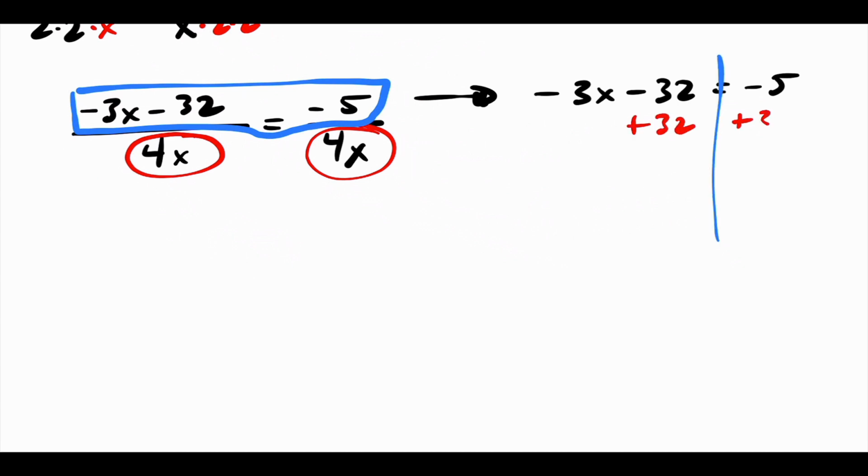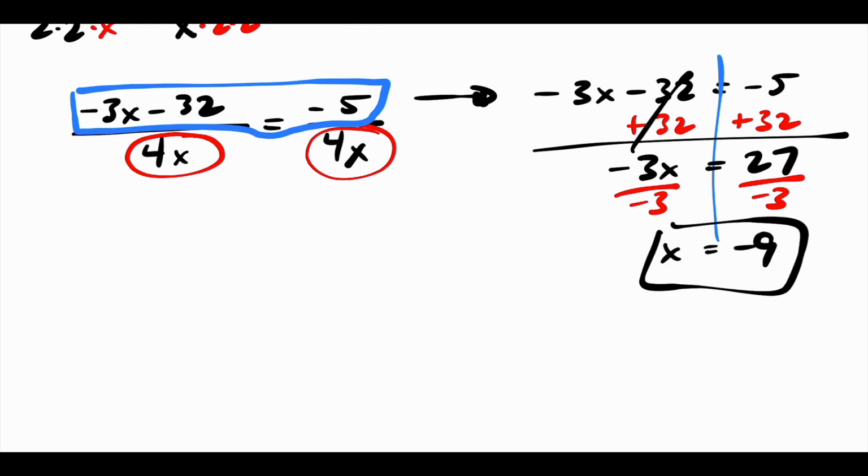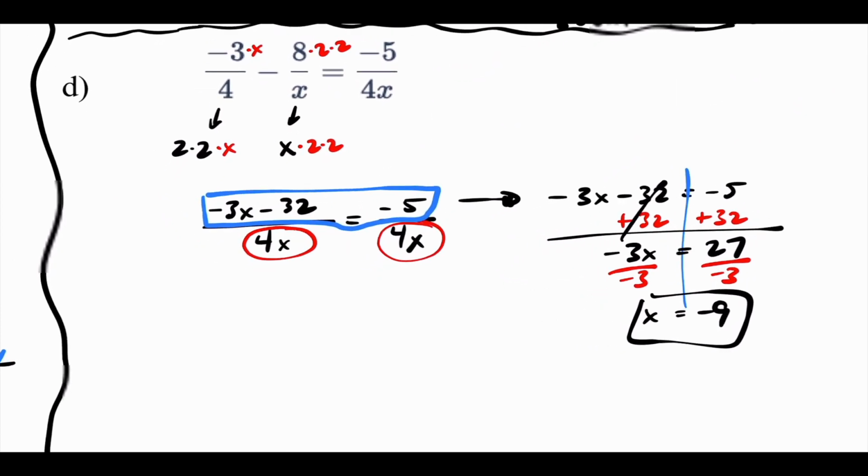Add 32 to both sides. 27, divide by -3. -9. Now you got 2 answers. One of them was 0, one of them was -9. The reason I only got 1 answer is what's up with 0? It's extraneous, so I wouldn't even count that as an answer, right?